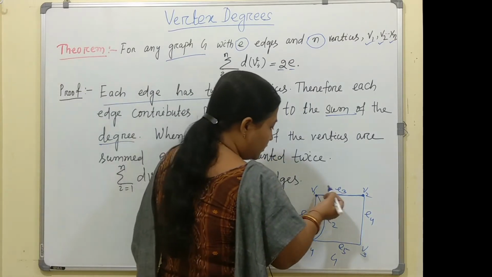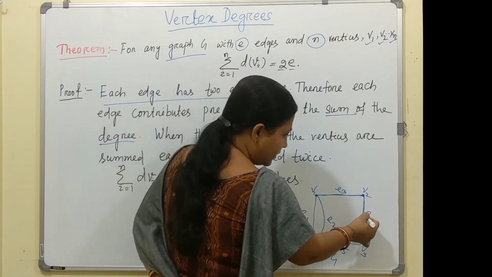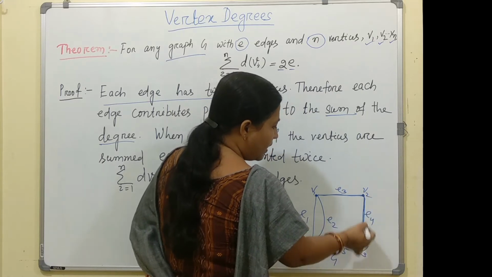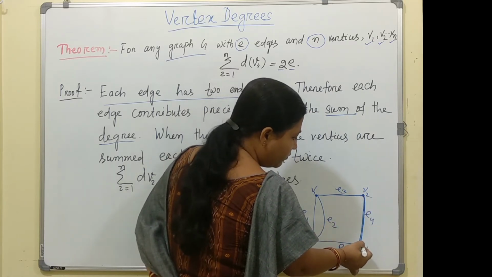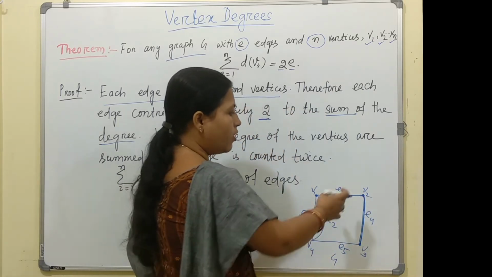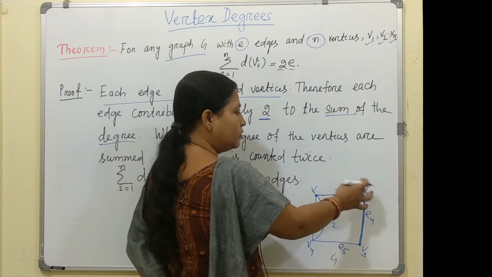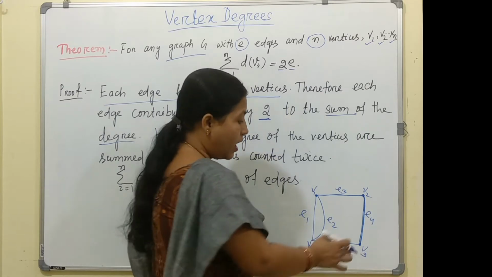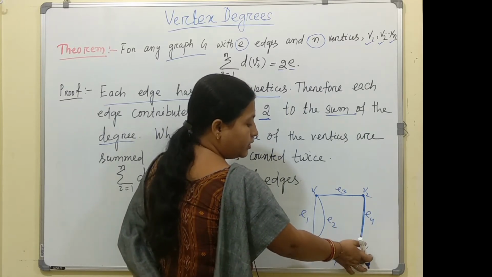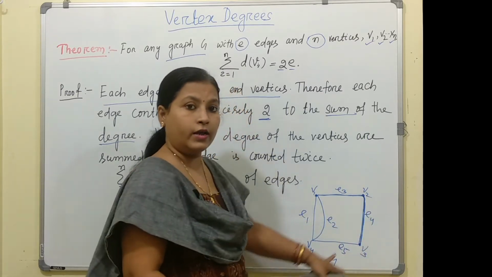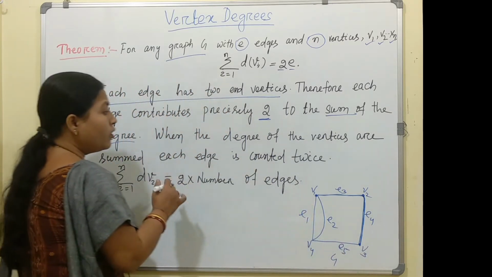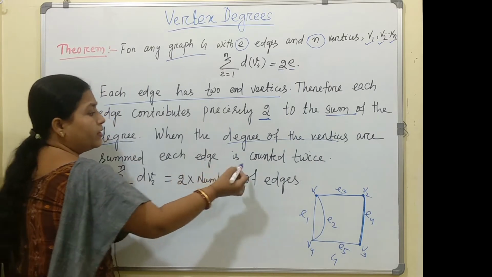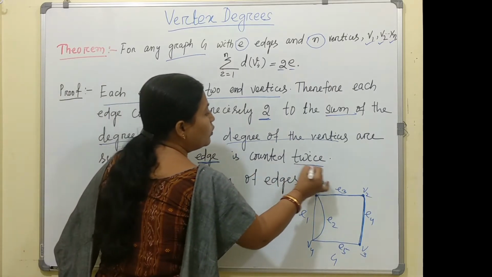Similarly, we can take the edge E4, which is incident with V2 and also incident with V3. So when taking the degrees of vertices, the edge E4 is counted for V2, and for the degree of V3 it is also counted once. So when we count the degrees of vertices, each edge is counted 2 times.